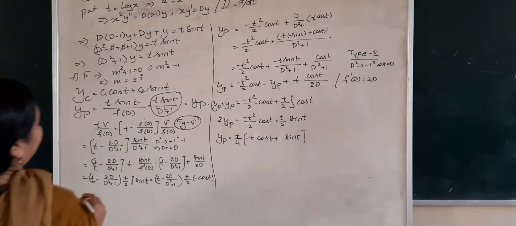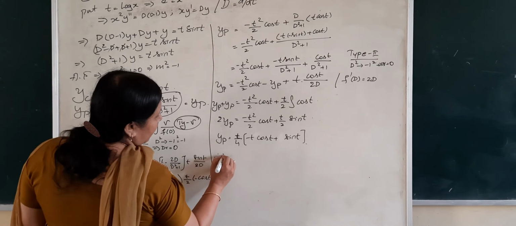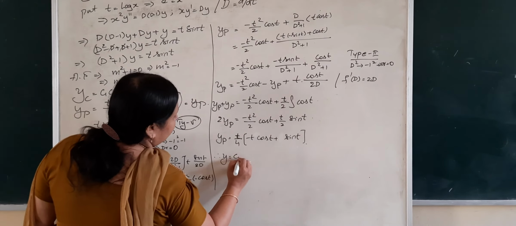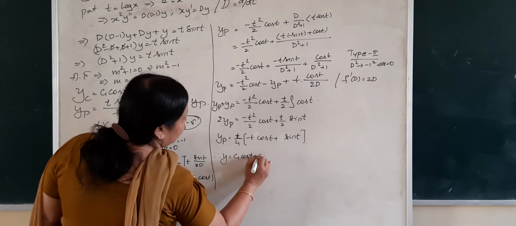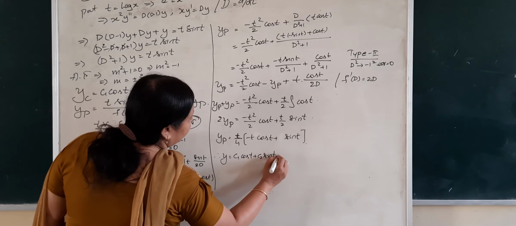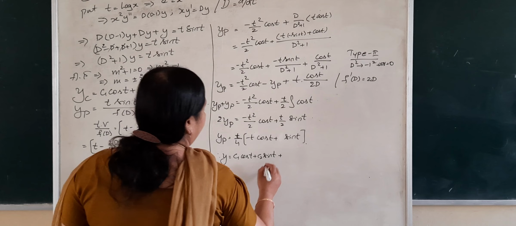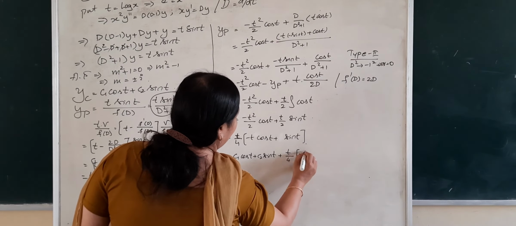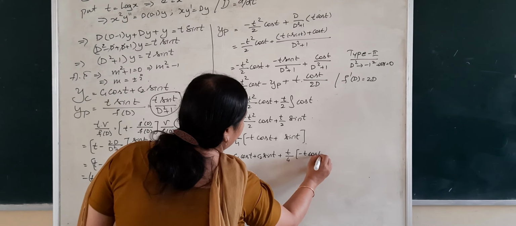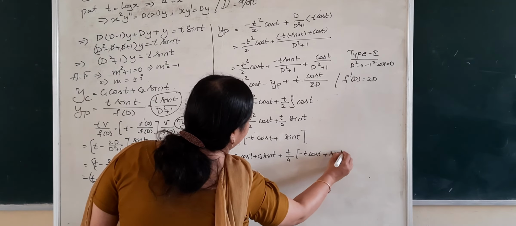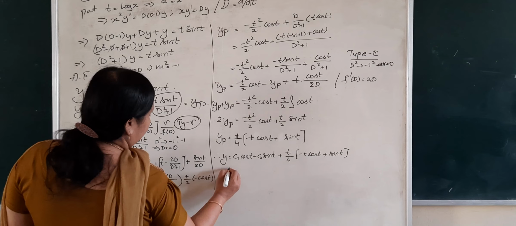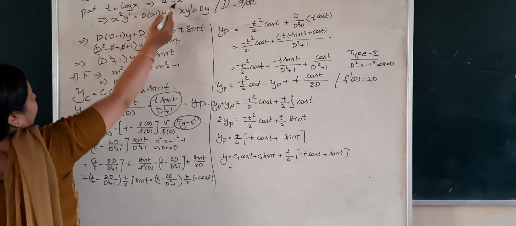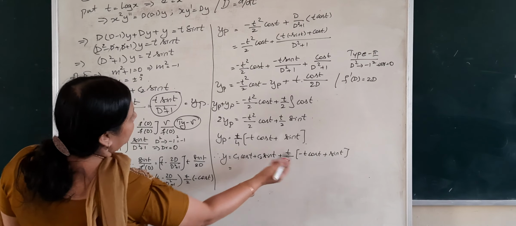Now what is the final solution? Therefore, y is equal to yc plus yp. Our yc is c1 cos t plus c2 sin t. And this will be plus t by 4 times of minus t cos t plus sin t. So which is equal to, revert back now, wherever t is there log x, and e power t will be, there is no e power t term.